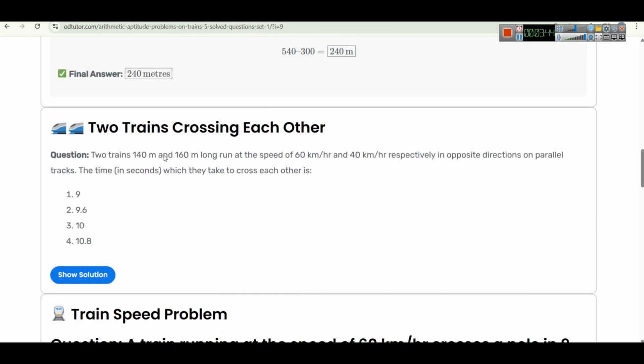So let's see another problem: two trains crossing each other. This is another type of problem where two trains are crossing each other.